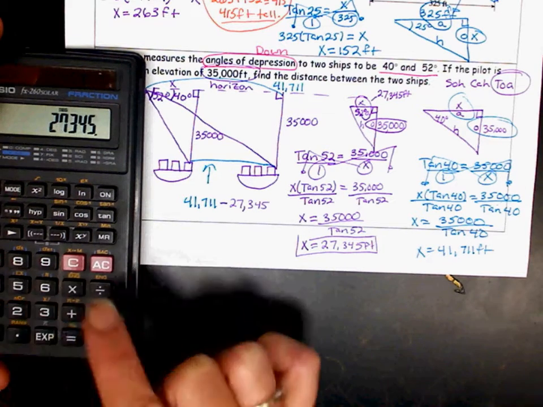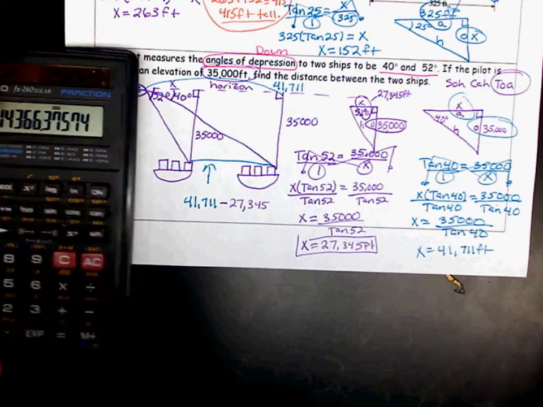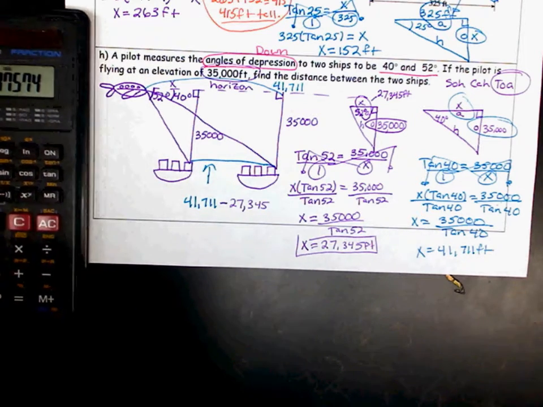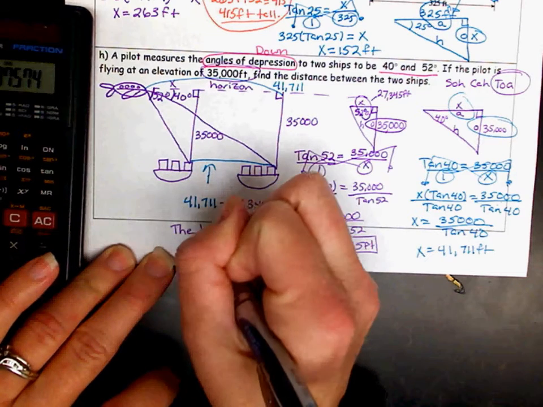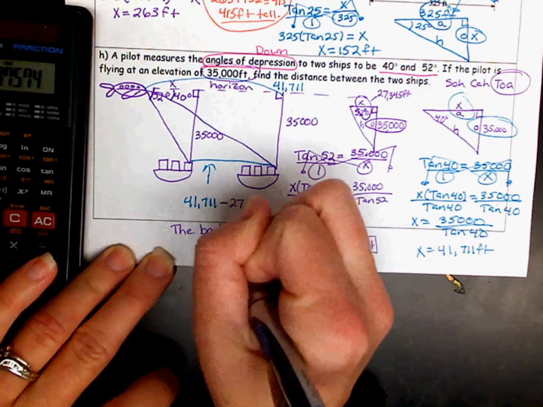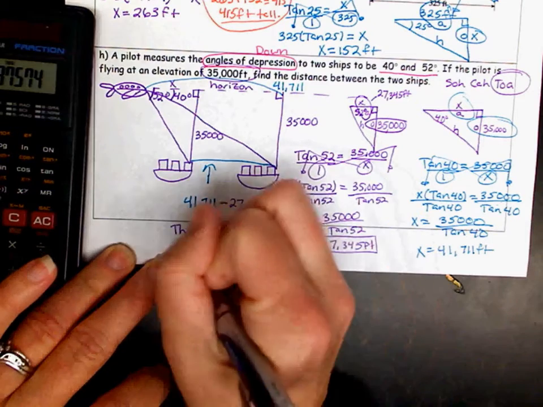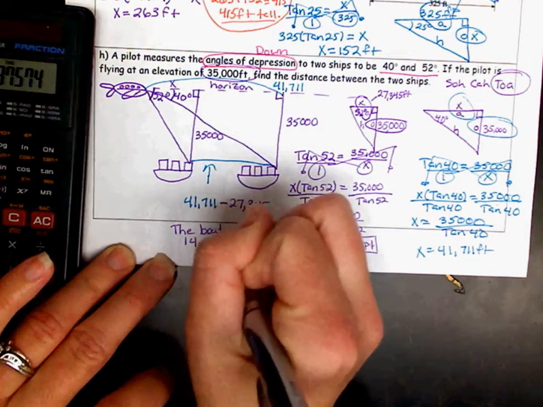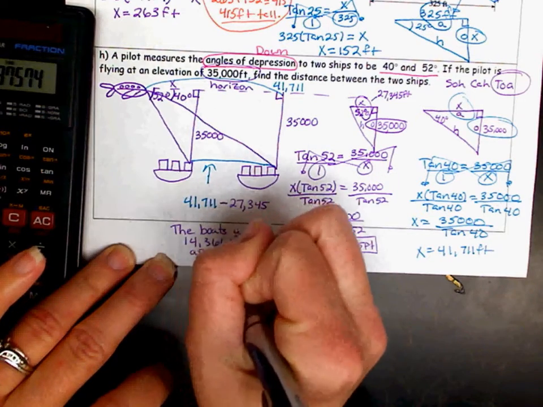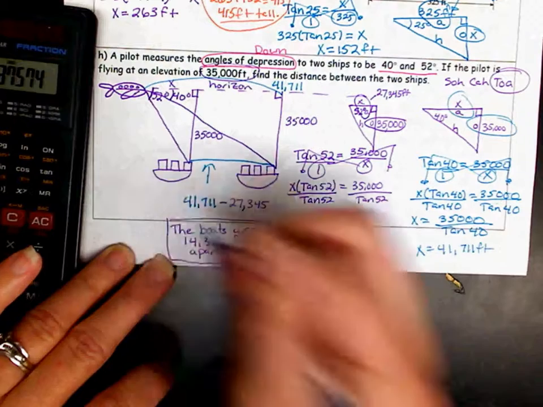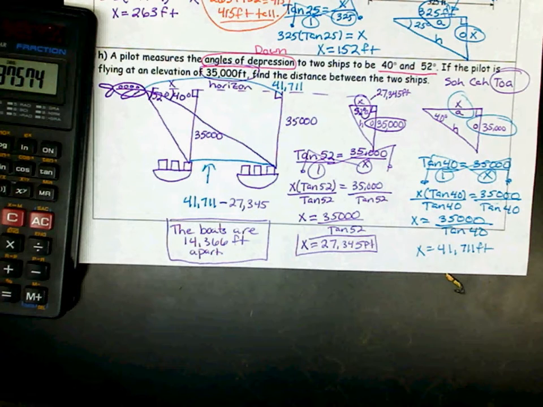And I got 14,366. The boats are 14,366 feet apart. Any questions over that? You all good?